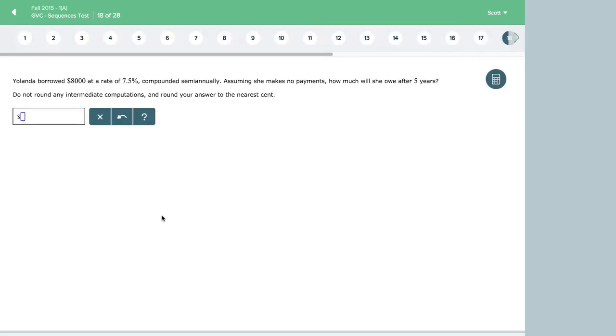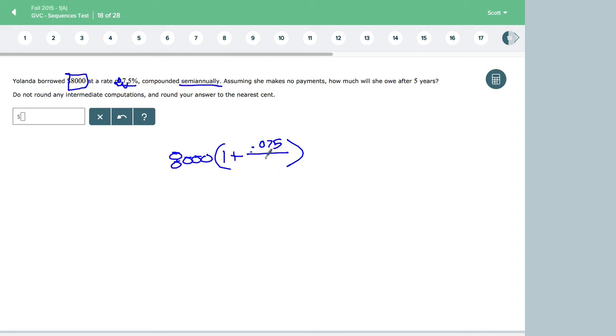Number 18 is another compound interest question. Okay, you have your initial amount, 8,000, parentheses, 1 plus 0.075, move the decimal twice, right? 1, 2, and that gives you a 0 there, over the number of times it's compounded.